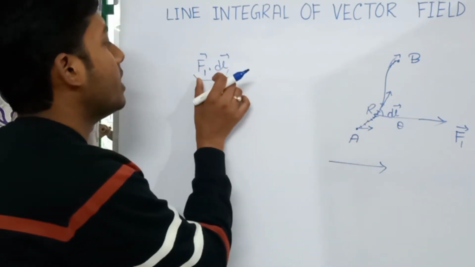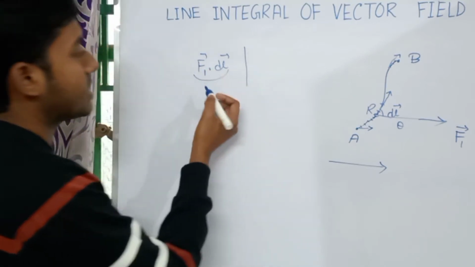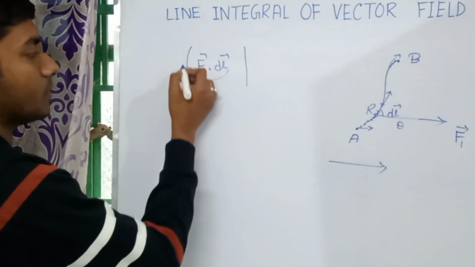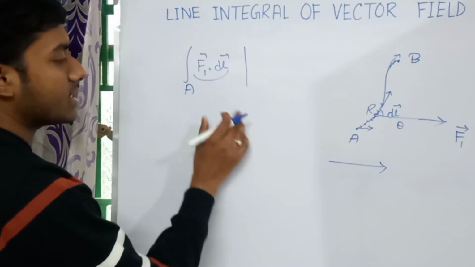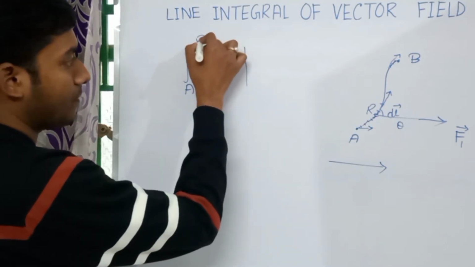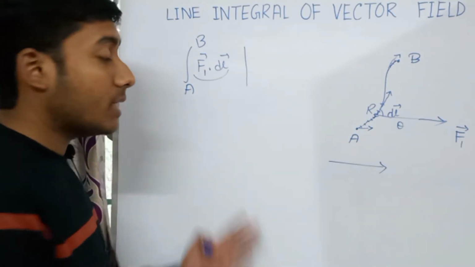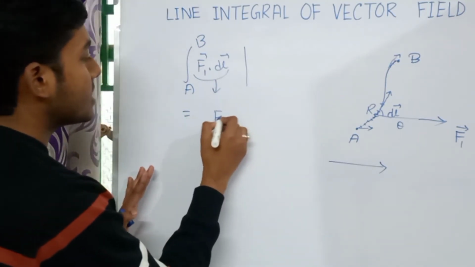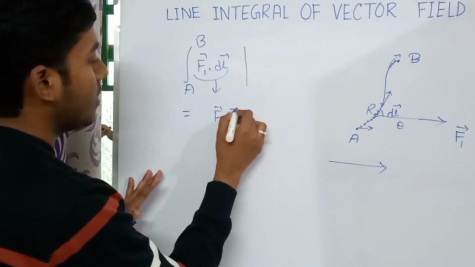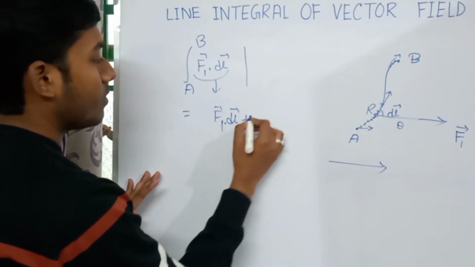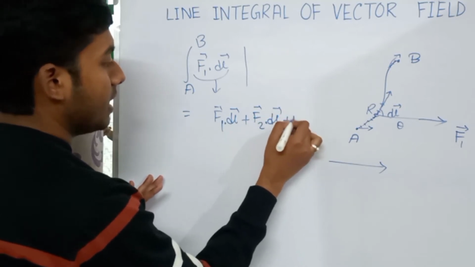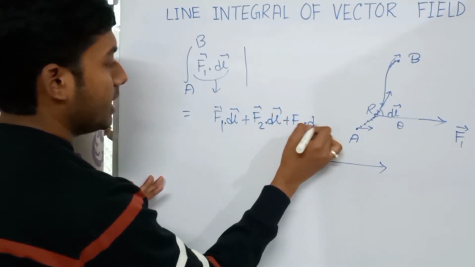If we integrate this over this path, that is, the limit is from A to B, then what will we get? This expression means F1 dot dl plus F2 dot dl plus F3 dot dl.